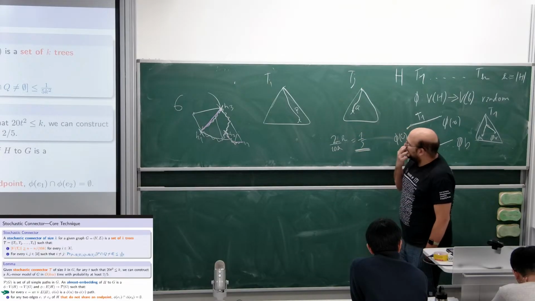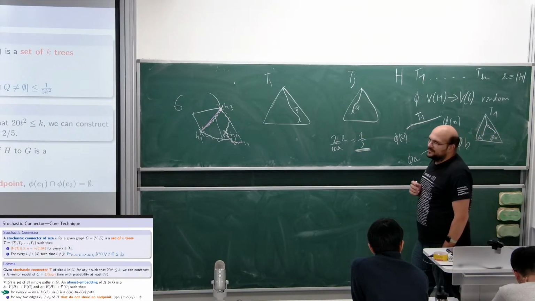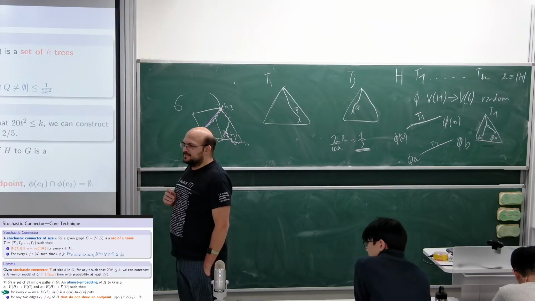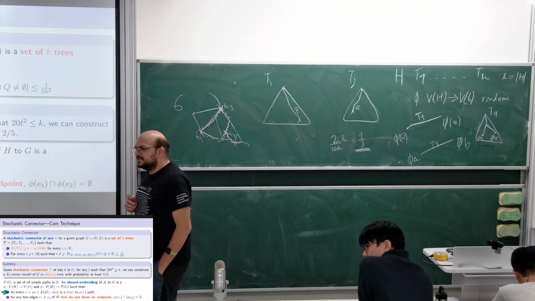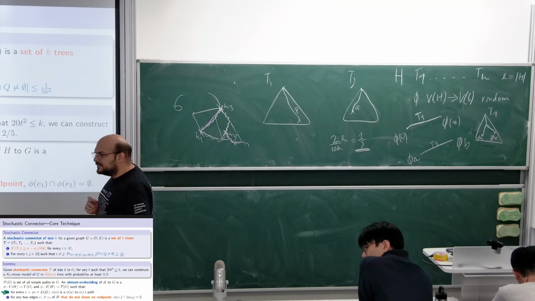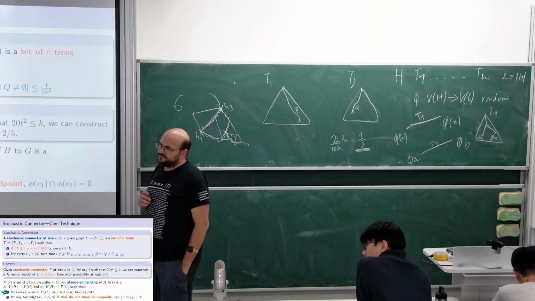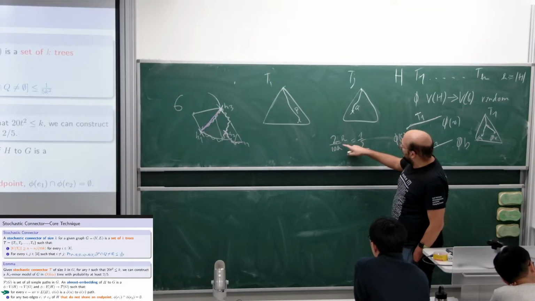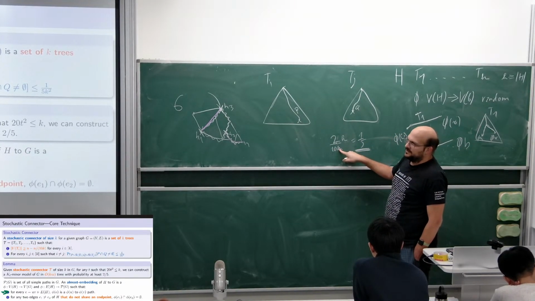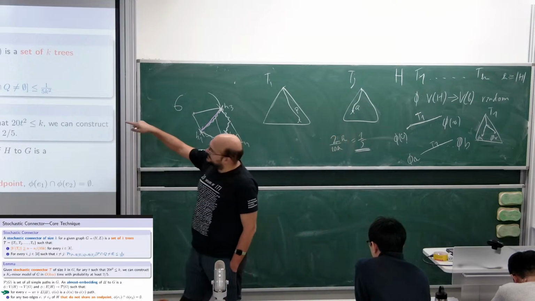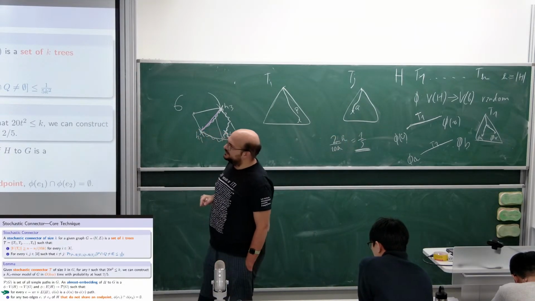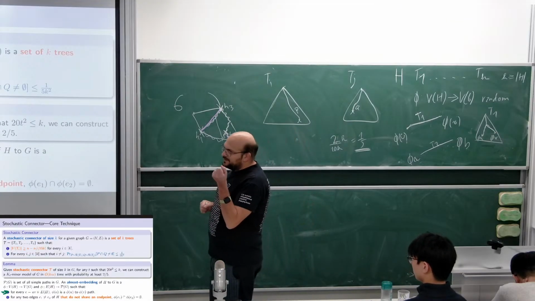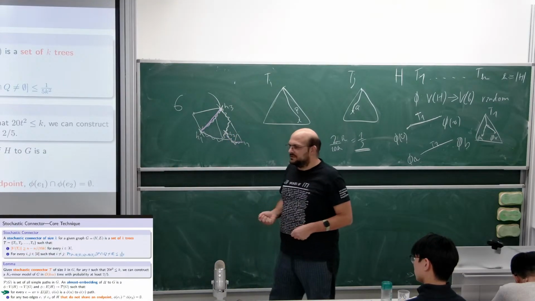Can I ask, so for one edge, the probability that you don't have any tree that covers both ends is at most 1 over 5, right? No, this is for all edges. For one edge it is 1 over 5k, because there is k in condition 1 of the stochastic connector. So it's like 1 over 10k that one vertex that I mapped is not in a particular tree.